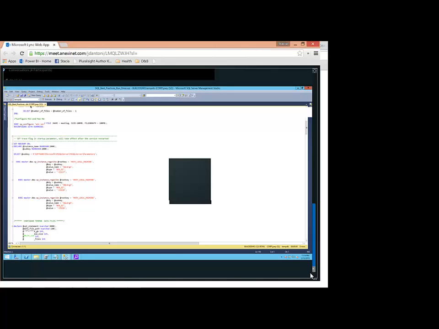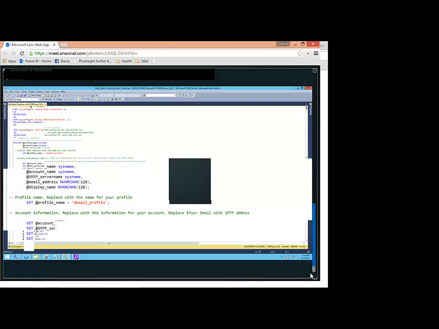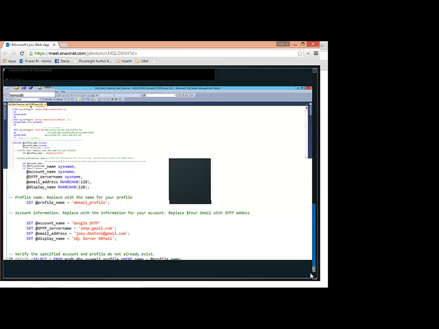Then the next thing I'm going to do is set up the email. Right now I'm setting this up to go to my Gmail account, mainly because of the SMTP that I have available.